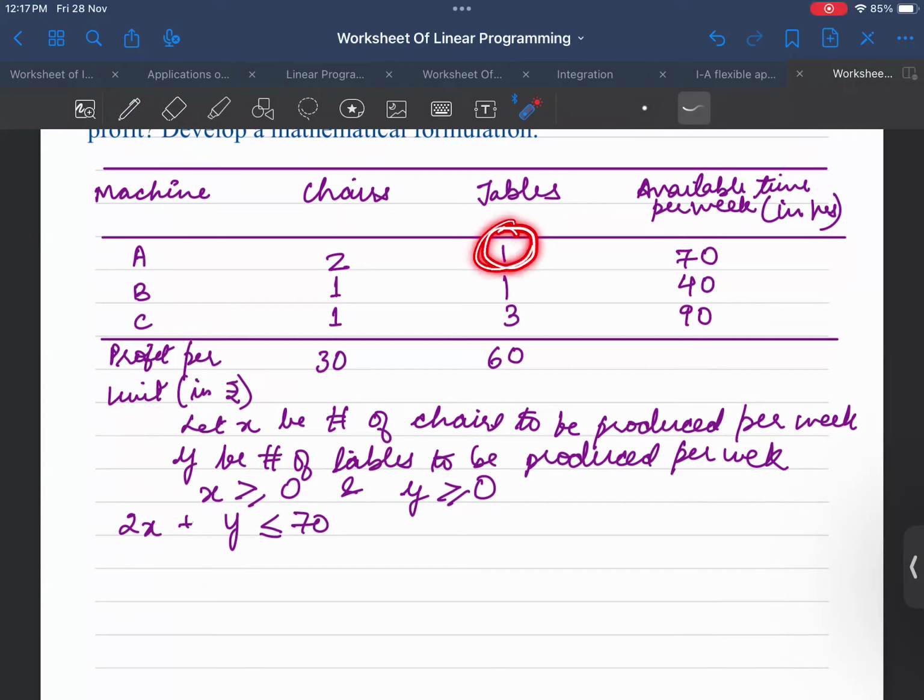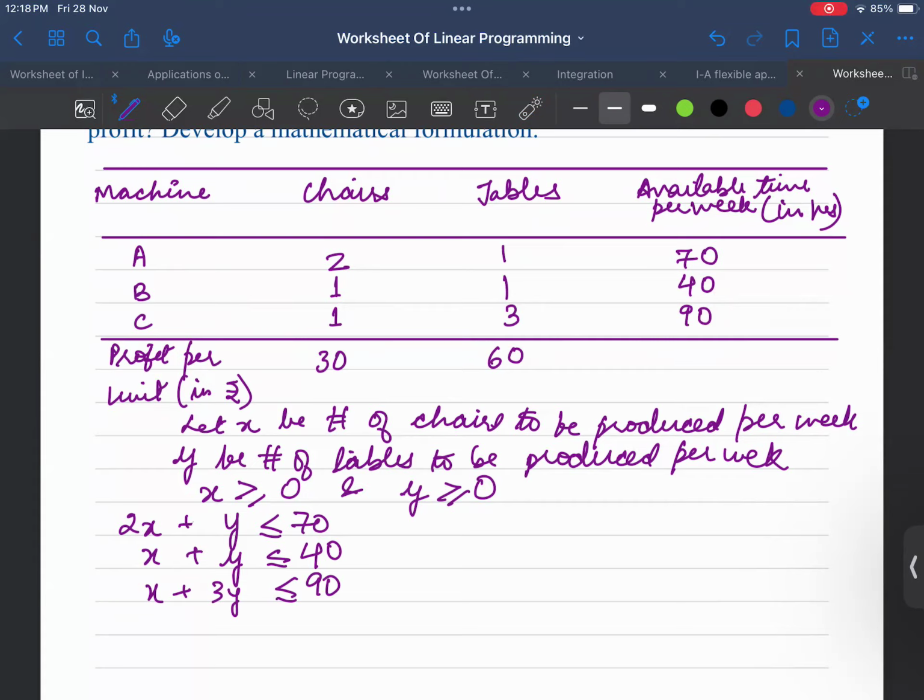Because we have available time of 1 hour on machine A for the table, right? And the maximum available time was 70. So it needs to be less than or equal to 70 hours. The next we can say is maybe 1x plus 1y less than or equal to 40. In the same way, x plus 3y less than or equal to 90 hours on machine C.